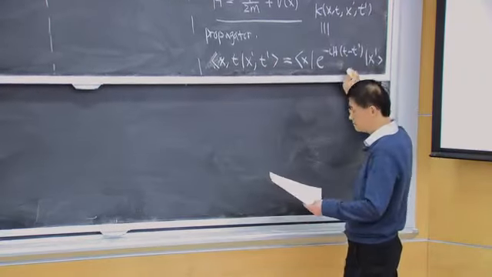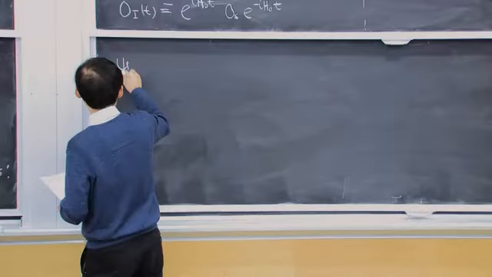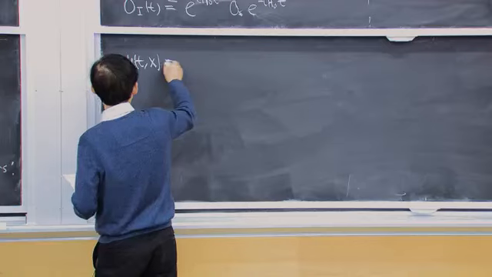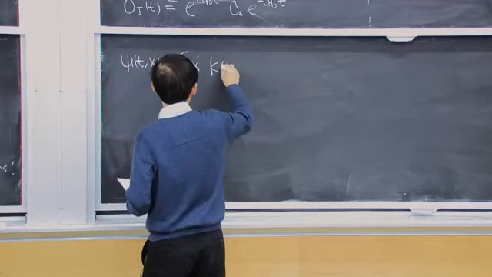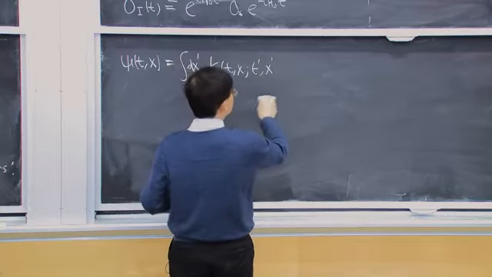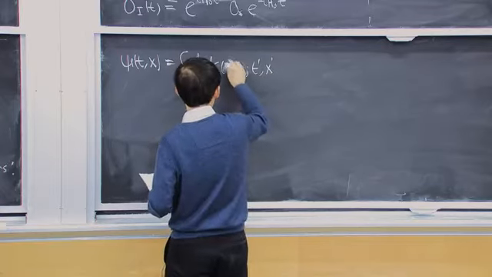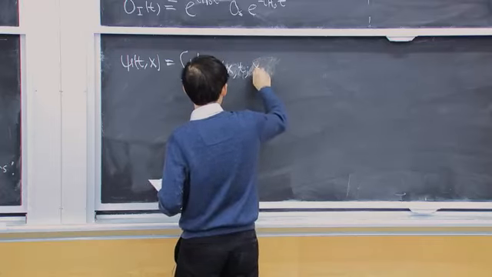If you know the wave function, the wave function at x, t can be written as the integral dx prime of K(x, t; x prime, t prime) times psi(t prime, x prime). I think I changed the order, just to be consistent with the order I wrote there.